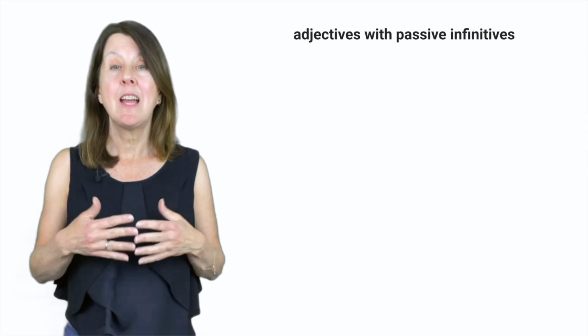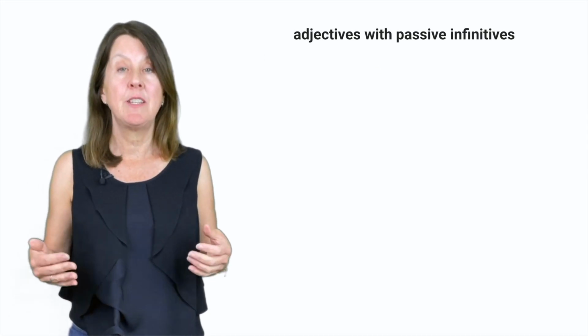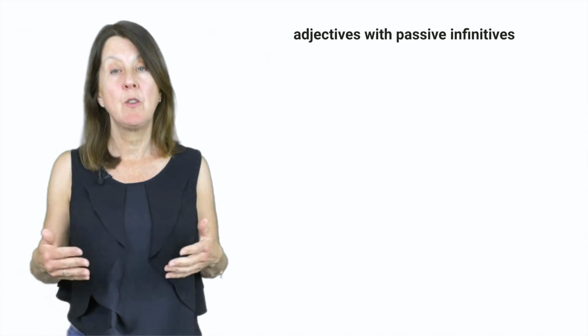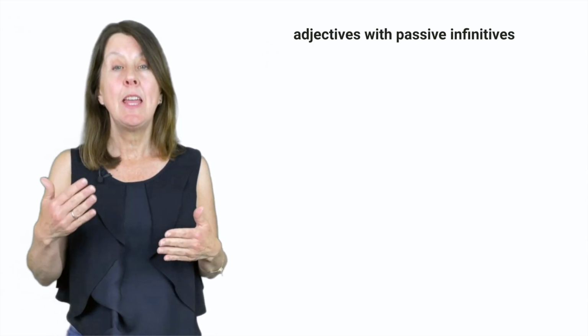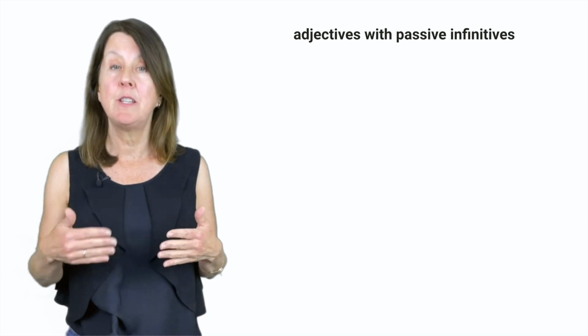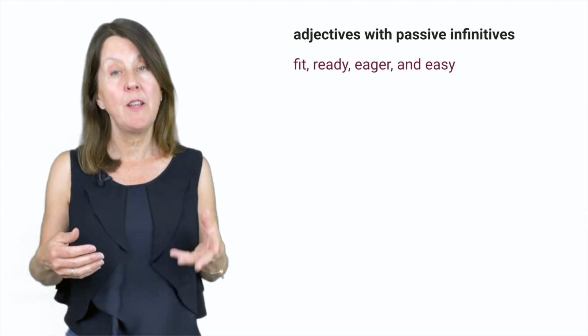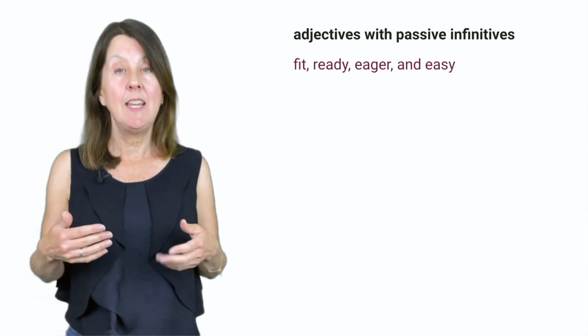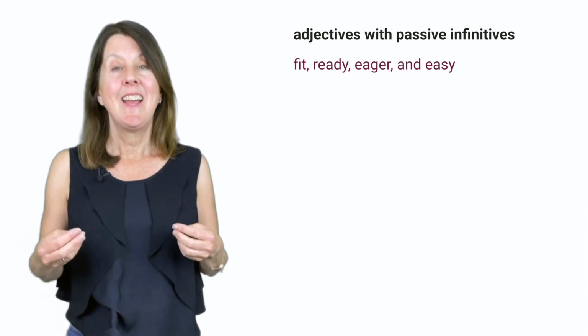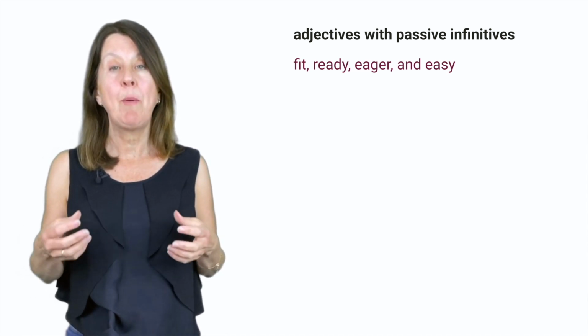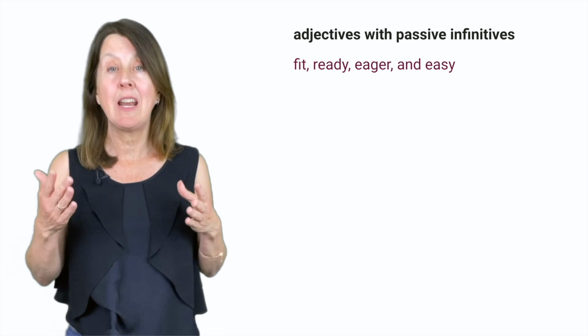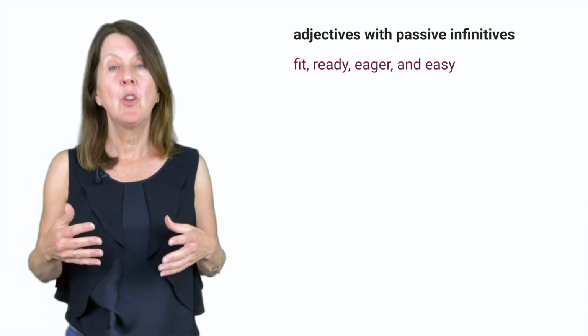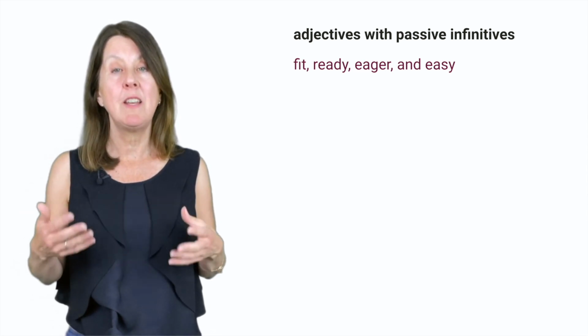Now let's look at adjectives with passive infinitives. You may also see adjectives used in a passive infinitive construction, such as fit, ready, eager and easy. Adjectives are used with passive infinitives to improve clarity. Let's look at an example with ready.